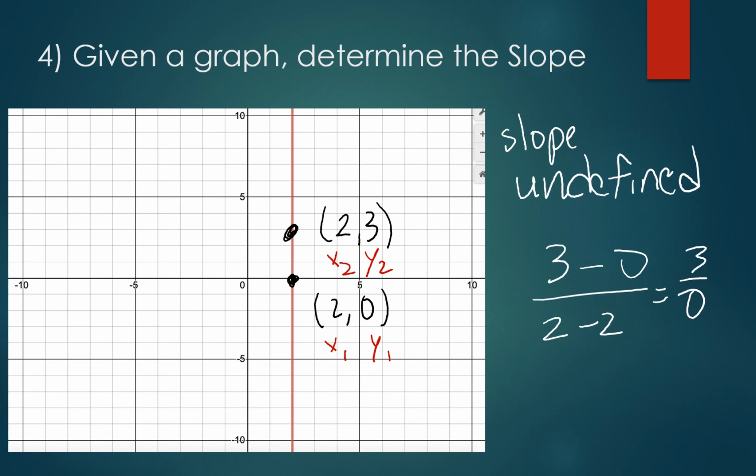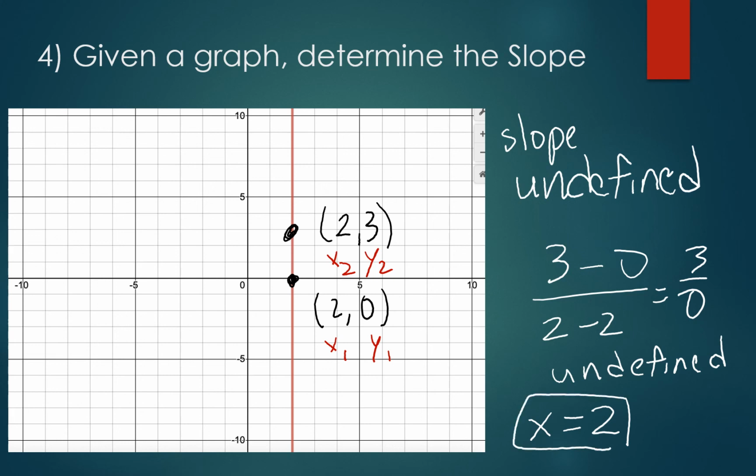So 3 divided by 0 is undefined, so that's why we get the undefined slope. However, since this is a vertical line, we can still write the equation of it as x equals 2 because it does cross the x-axis at 2.